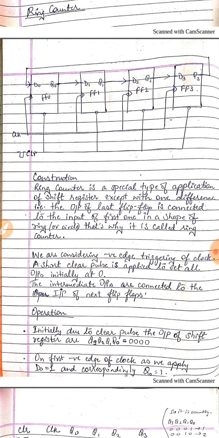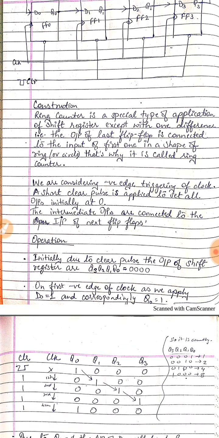A counter is basically used to count some sequence. So let's see how this ring counter will count. We are considering negative edge triggering of the clock, as we have seen in the shift registers as well.